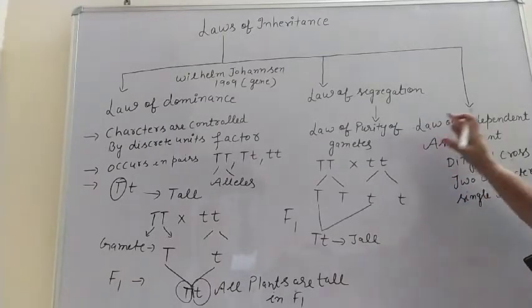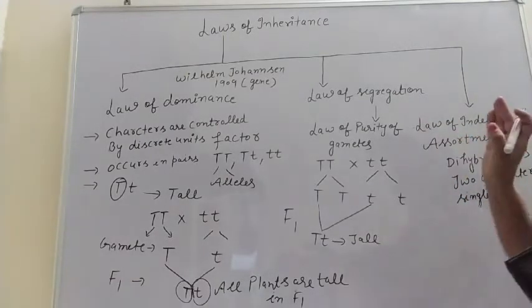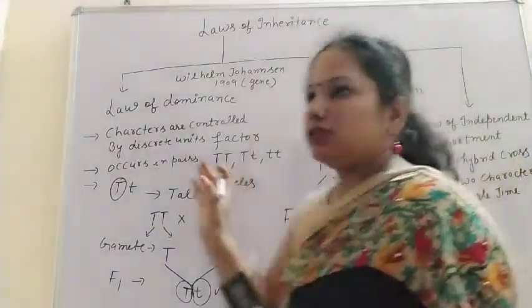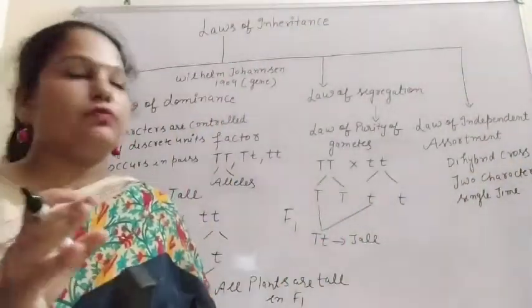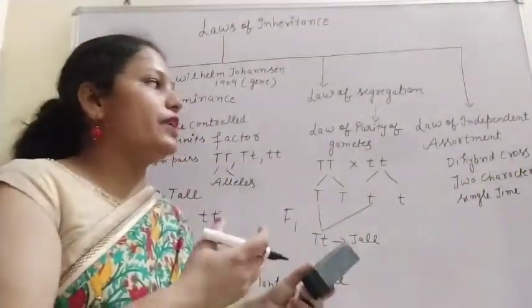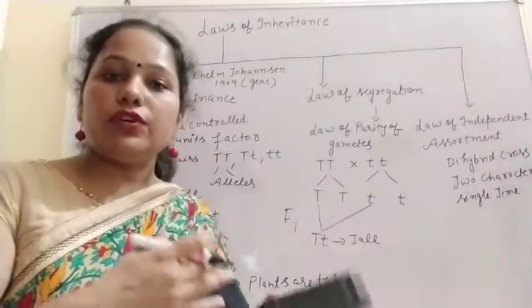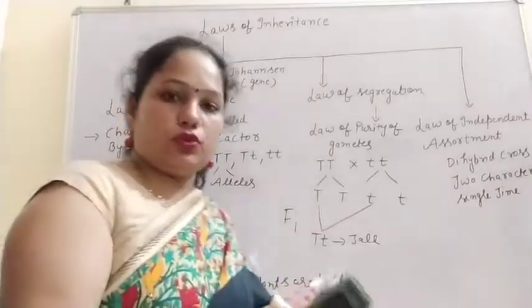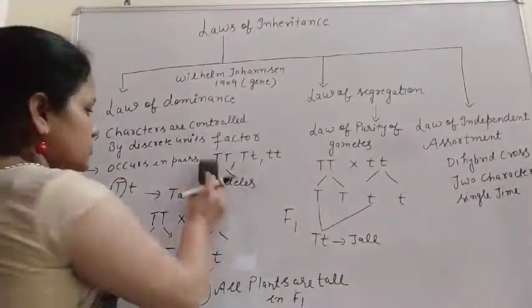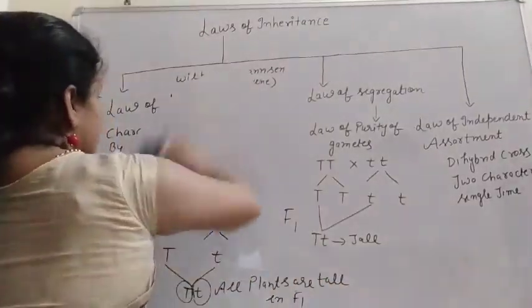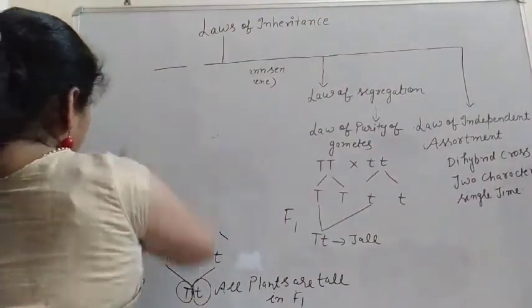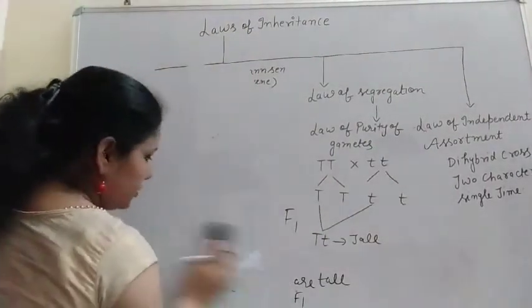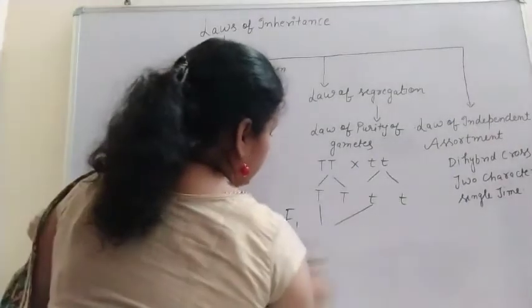So what is the law of independent assortment? This law states that these factors are independent of each other. We can take the example of dihybrid cross to understand this law. So what is dihybrid cross? We have to take two characters here, and what can we take?